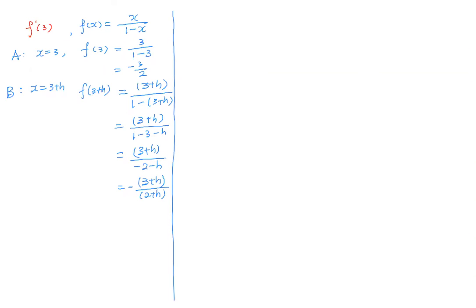Okay, so now slope of chord AB. For this case, we just write negative (3 plus h) over (2 plus h), take away negative 3 over 2. Then I put a big bracket.